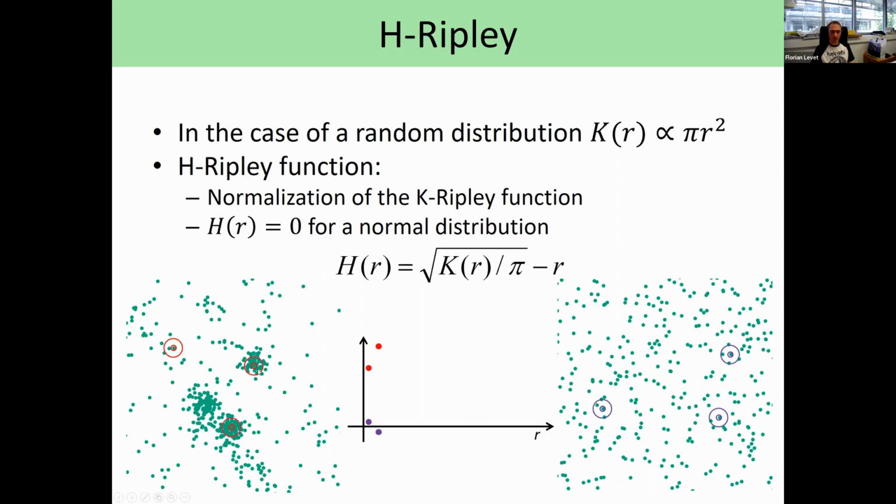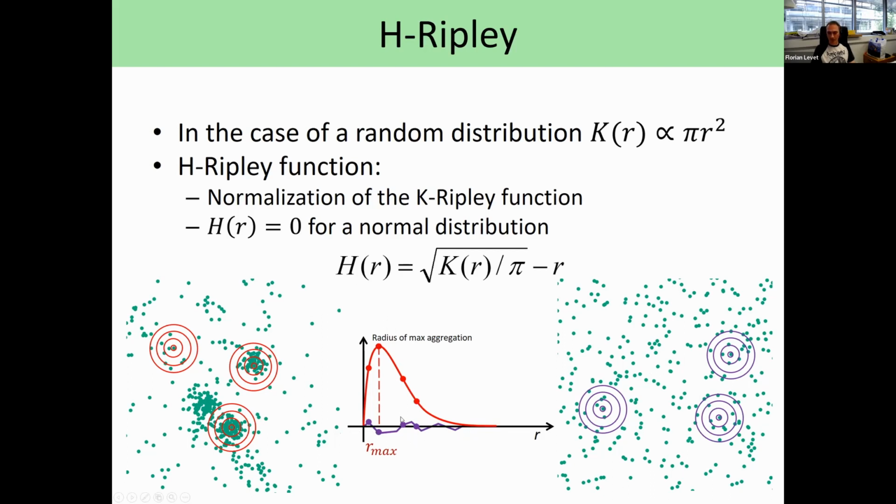You use a bigger radius. In this case, the value will go bigger, and the value for a random distribution will stay around 0, as expected. You do that again for a bigger value of the radius, and in this case, it begins to fall. And here it keeps getting close to 0. If you do that for a lot of different R values, you end up with this kind of curve.